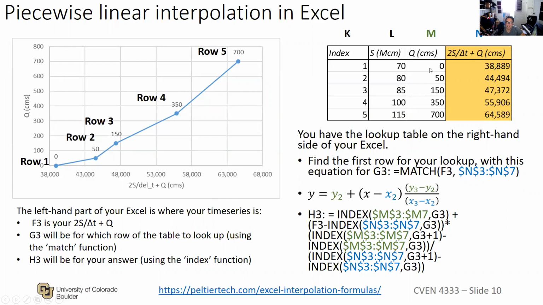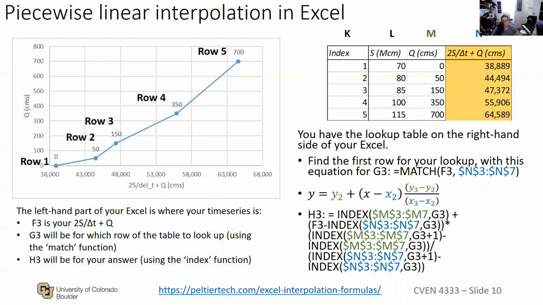So I say index, I give it the data, and then I say I want the second one, or whatever G3 tells you. So that's Y2. And X2 is going to be the same thing. So you've got X, which is here, minus X2, which is just a lookup in the X row. And then I have this fraction here. The only difference is that, to get Y3, for example, you just say G3 plus 1. And Y2 would just be related to G3. So the Y's and the X's, okay?